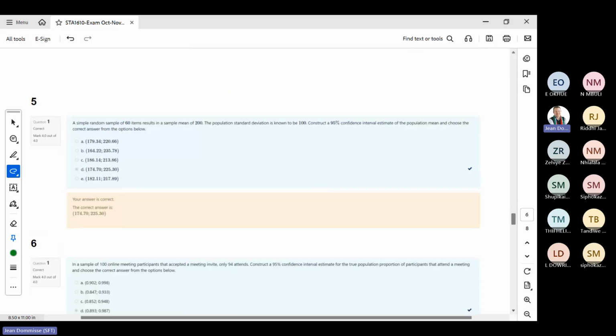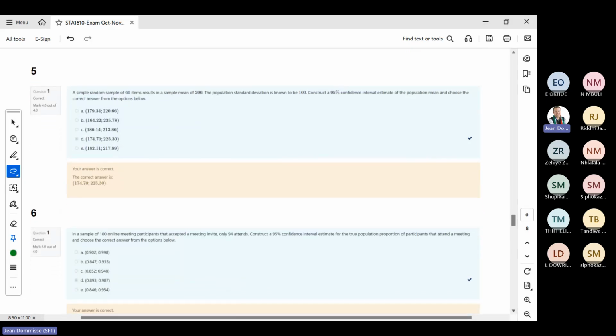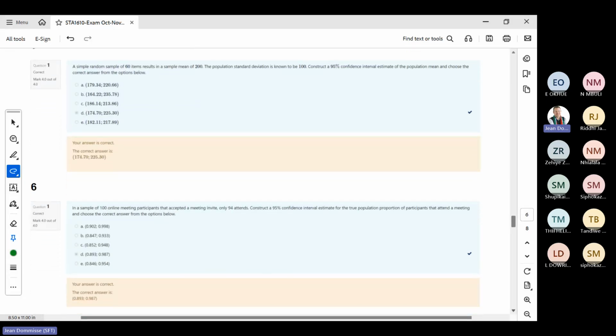So then we go into confidence intervals. Okay, and you will see a confidence interval for a mean and a confidence interval for proportion.